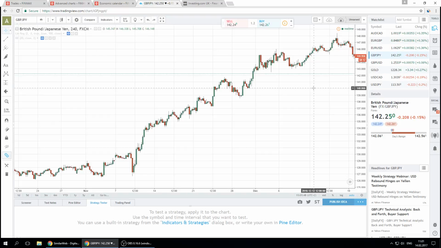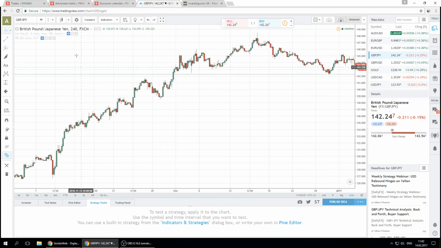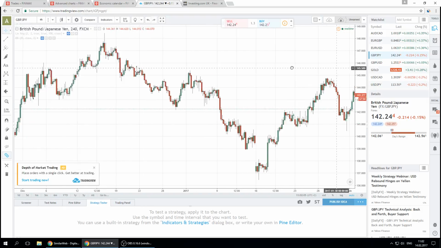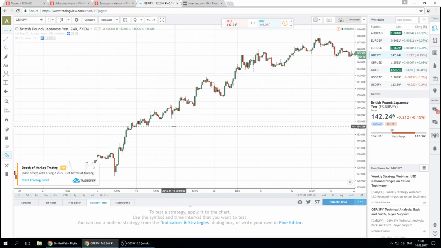Here we see the chart for British pound to Japanese yen. It was recently, several months ago, in December. The time frame is 4 hours, so you can see the movement of the market.